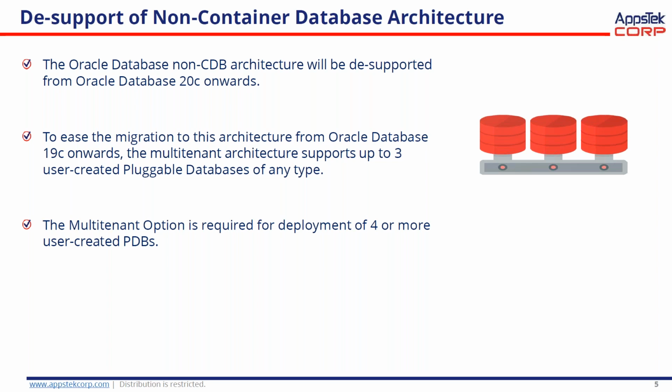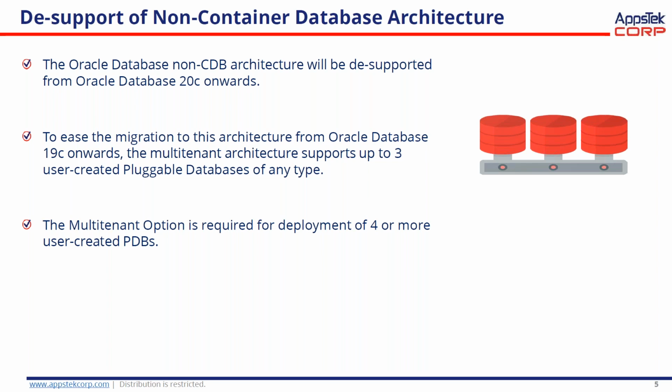You don't have to pay extra money to Oracle to migrate from the non-container database to the container database. You can create up to 3 pluggable databases, of any type, in the 19C version, so that you can easily migrate from the non-container database to the container database.